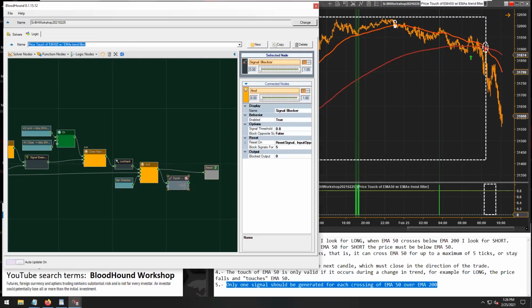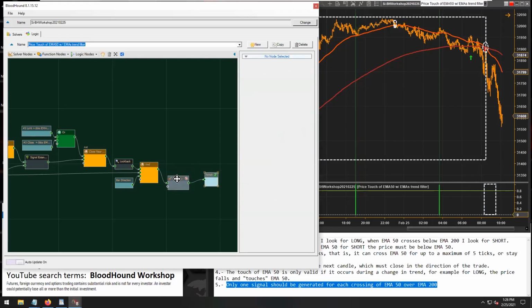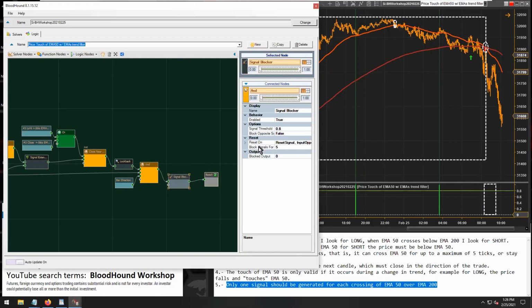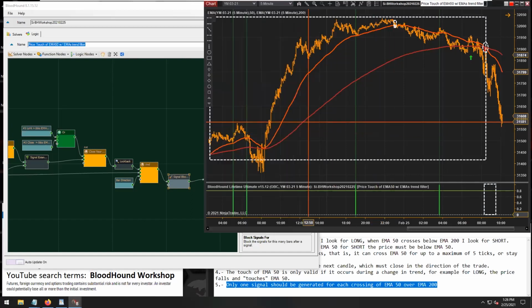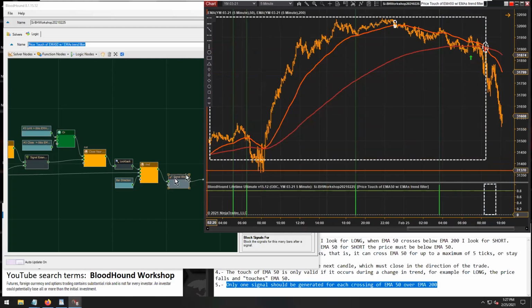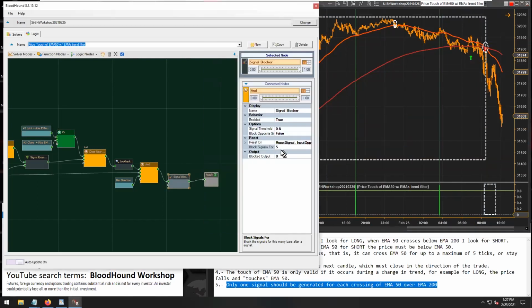With the signal blocker, we would have to set the block signals for, as we can see, there's a lot of bars during this uptrend, so the signal blocker would have to be set really, really high. My guess, probably more than 100 bars.